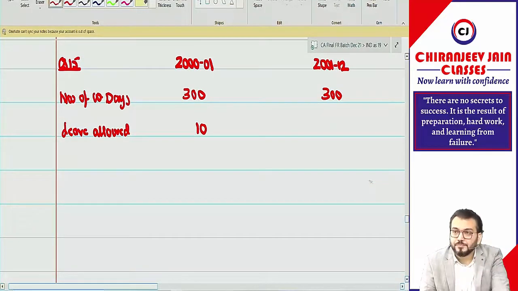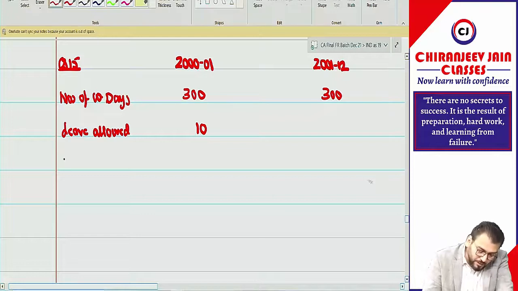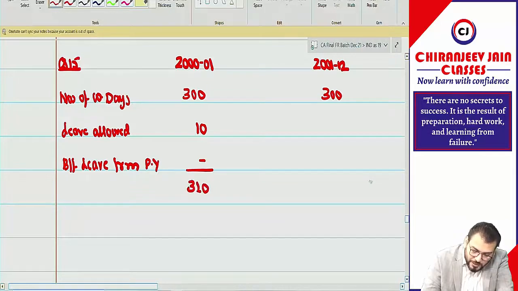Got it? Then brought forward leave from which year? Previous year. So first year is nil. It becomes 310 days.